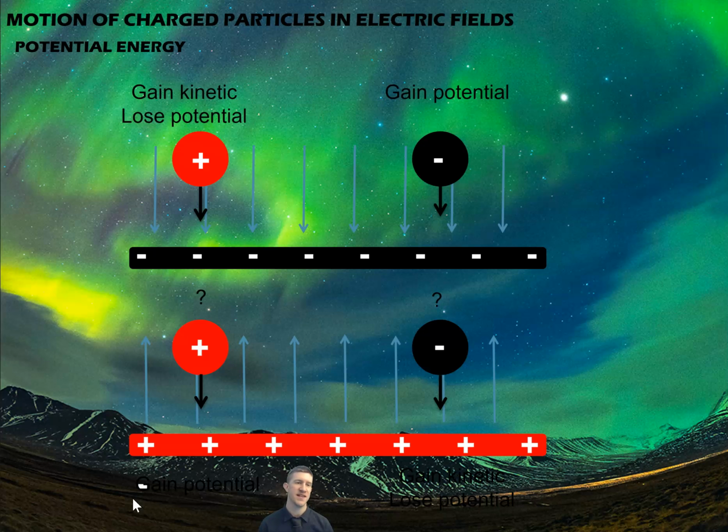On the flip side, if I take the negative charge, it's repelled, so if I force it to get closer to the negative plate, it's going to gain potential because it wants to launch back in the other direction. So have a think about what it would be for the bottom case. If I flip this, and I now have my positive plate with the positive and the negative charges, which one is going to gain potential and lose kinetic, and vice versa?